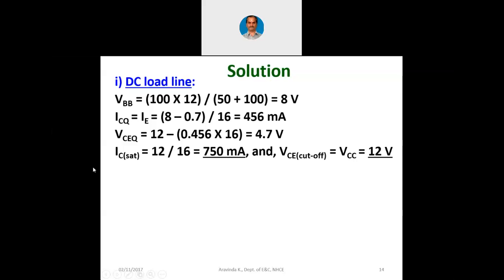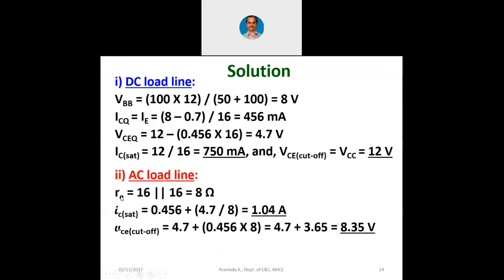Now proceeding with the AC load line, we have the small re, which is 16 parallel with 16, the dynamic resistance at the emitter. Don't get confused with this small re as the re model, not that way. We used the small re for the purpose of modeling in terms of AC analysis in module 1.